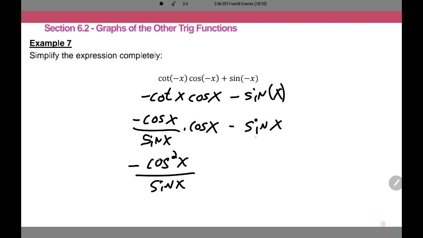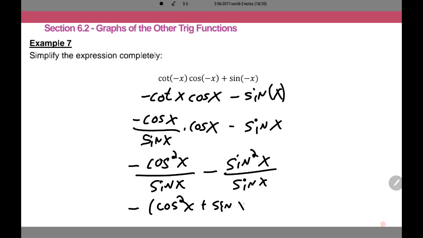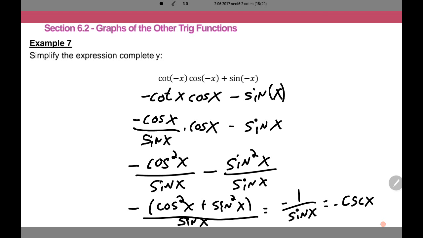And I need to combine this with a fraction, so I need to make it into a fraction. That's sine squared of x over sine of x. And that gives me cosine squared of x plus sine squared of x if I factor out that negative, over the sine of x. And that gives me negative 1 over the sine of x, which is negative cosecant of x.